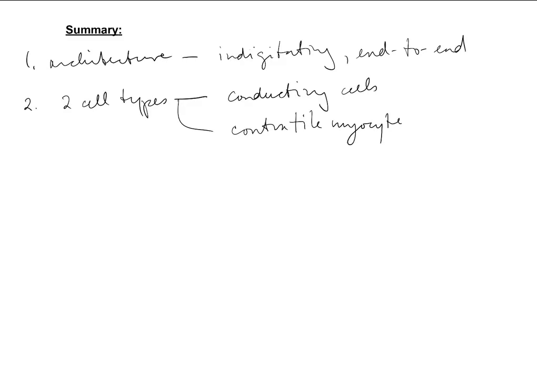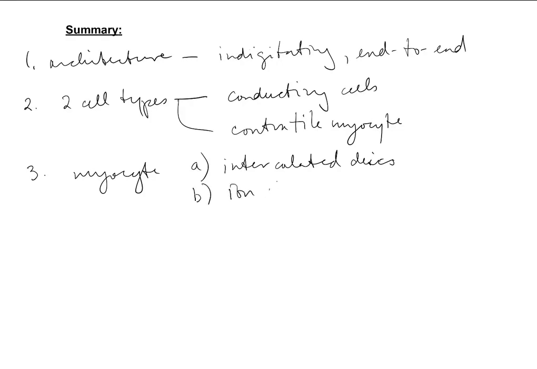When we talk about the actual structure of the myocyte, remember there are going to be three key elements. The intercalated discs that actually contain the desmosomes so they don't pull apart, and the gap junctions so that the ions can come through as the depolarization wave. There are going to be the ion channels, which is how we're going to create the signal of calcium in the cell.